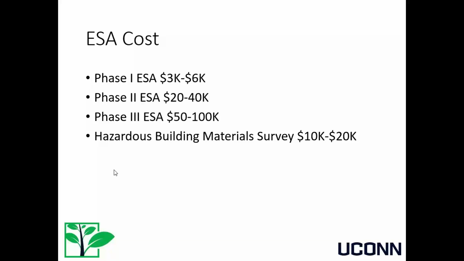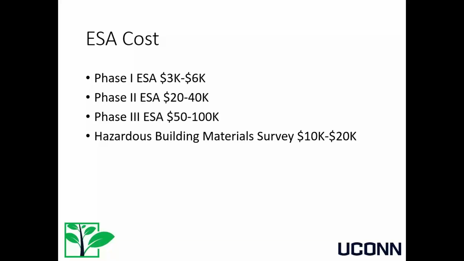So in terms of costs, what to expect with respect to the investigations. A phase 1 environmental site assessment will cost about $3,000 to $6,000. That's a typical average. A phase 2 could be from $20,000 to $40,000, and again, that really depends on the site and the complexity of the site.